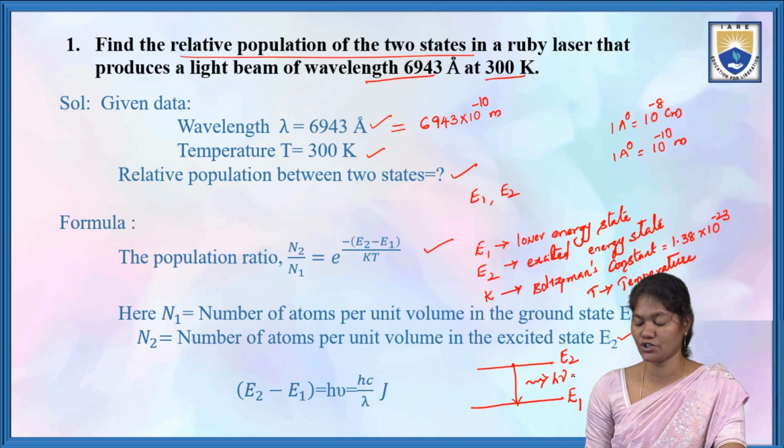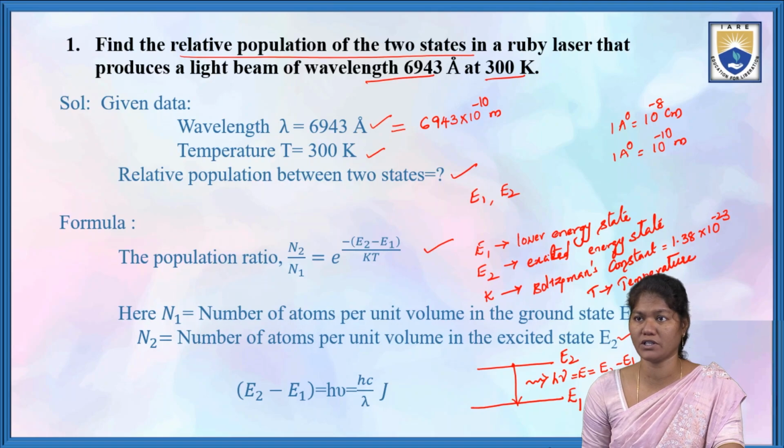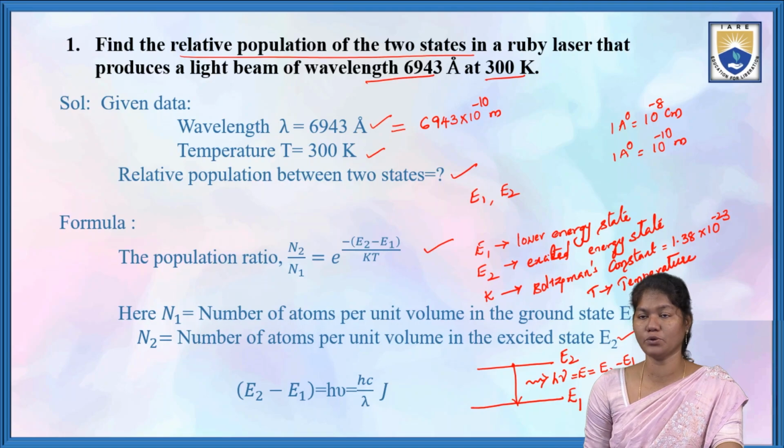That energy h nu is equal to E2 minus E1, the energy difference between the two energy levels.